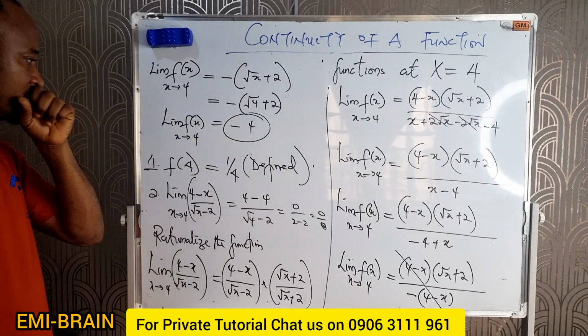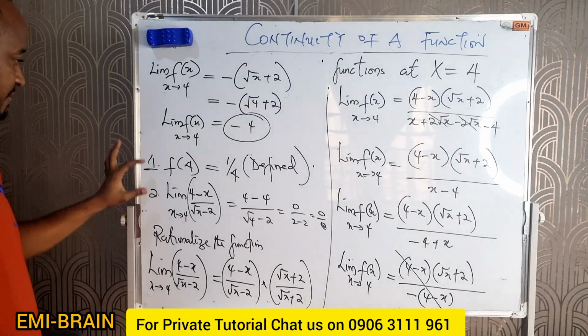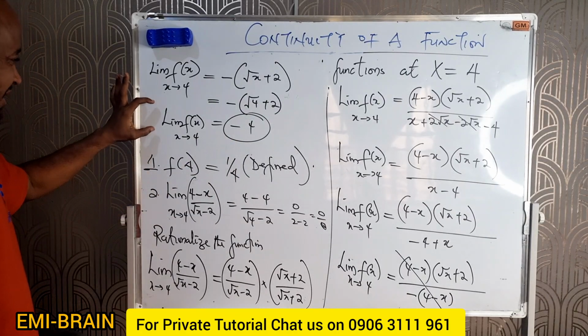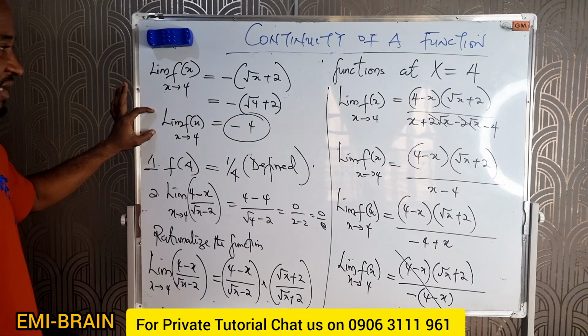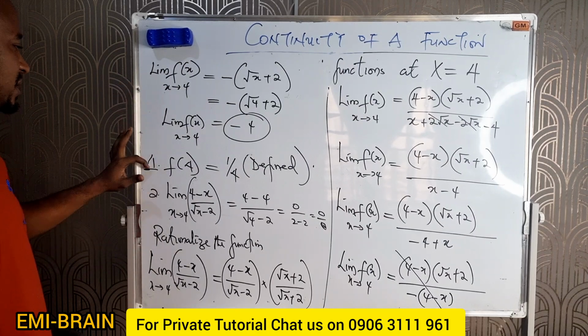Minus 4. Number 3 is that f of 4 must be equal to the limit of f of x. But if you look at these two, they are not equal.